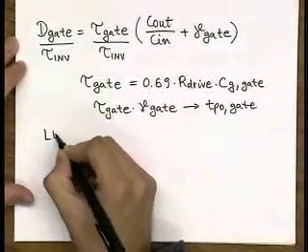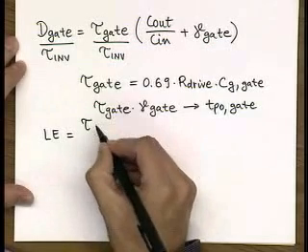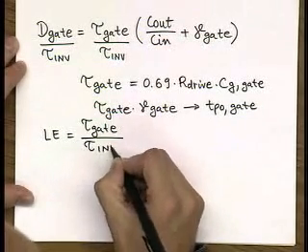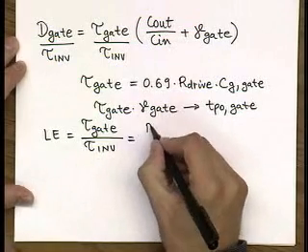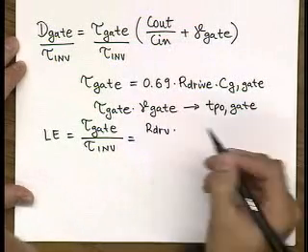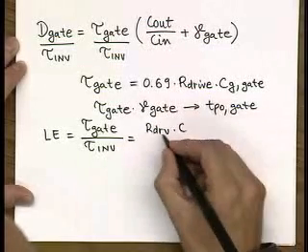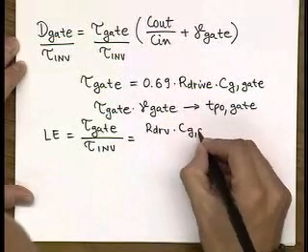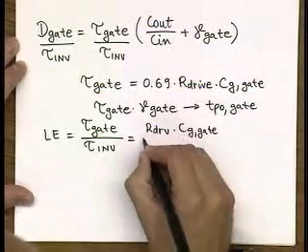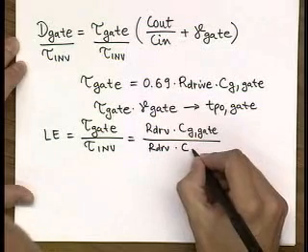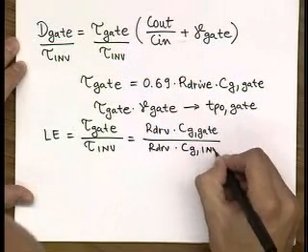So logical effort is equal to tau gate divided by tau inverter, which is equal to drive resistance times gate capacitance of a gate, over drive resistance times gate capacitance of an inverter.